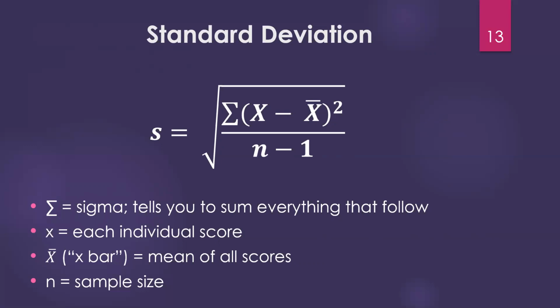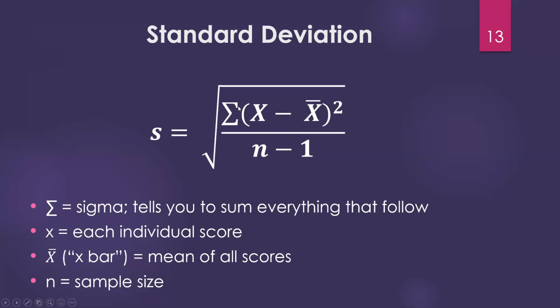Okay, so this is the formula for calculating standard deviation, and I'll talk through each of these steps with you. Let me first review some of the statistical notation, and then we're going to break down each part of this formula into the different steps. So first, this S is the statistical notation for standard deviation.